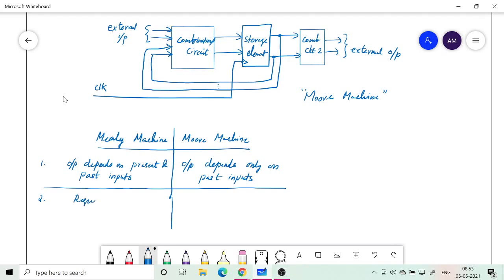the Mealy machine requires the minimum number of clock cycles. Here the Moore machine requires one additional clock cycle.